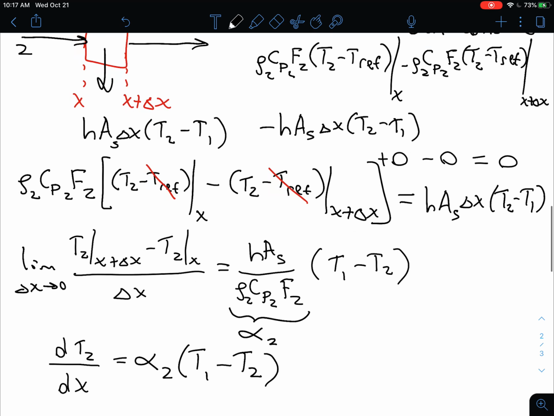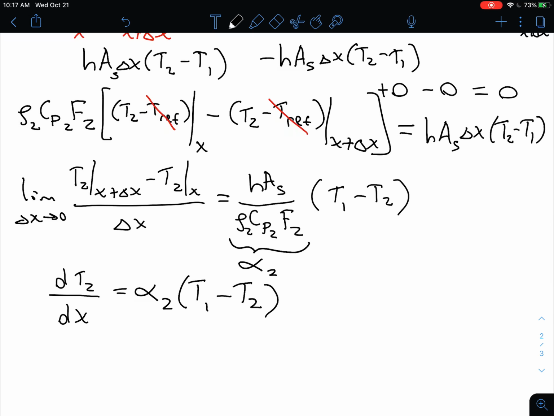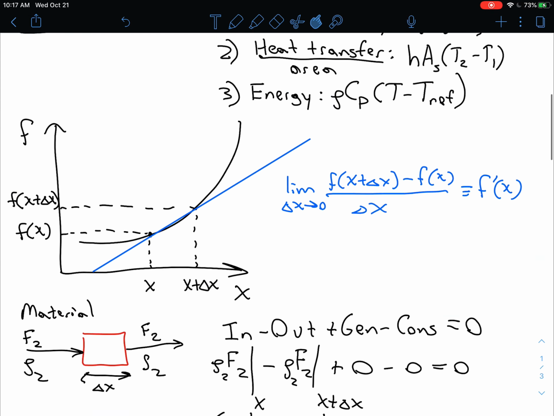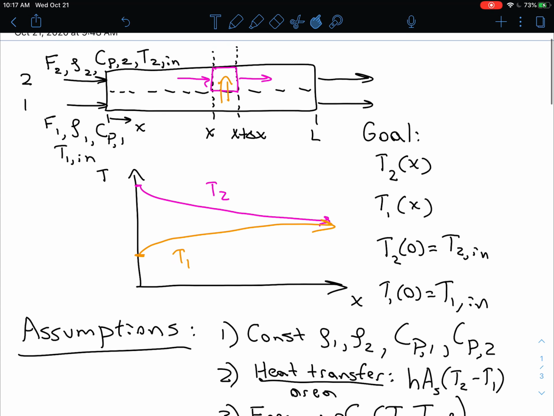Okay, so this is our differential equation for T2 as a function of x. Let's do a little physical reality check here. We made the assumption that stream 2 is hotter than stream 1. So if that's the case, then dT2/dx should be negative. T2 is going down as you move across the heat exchanger.